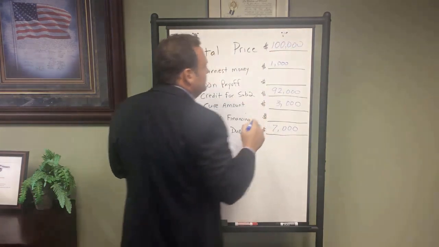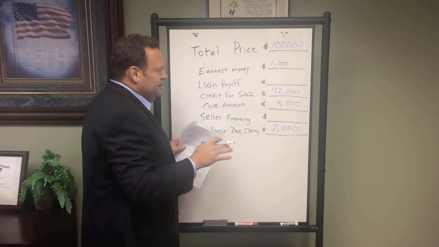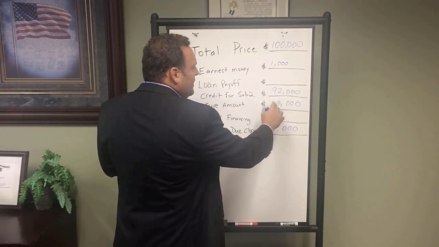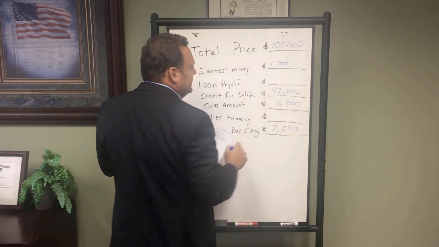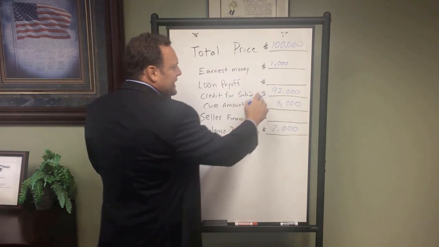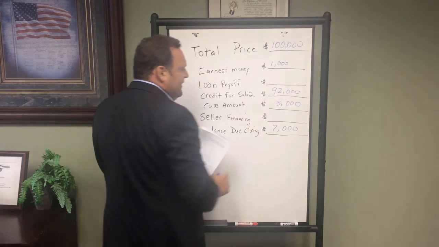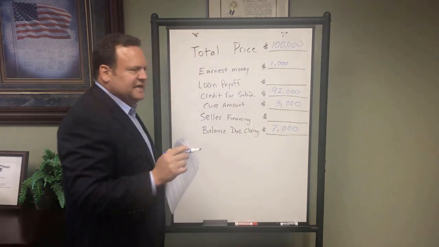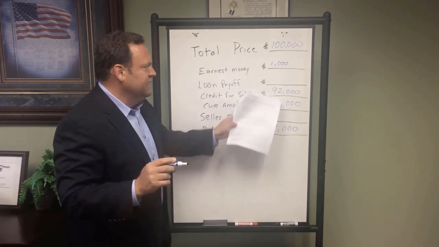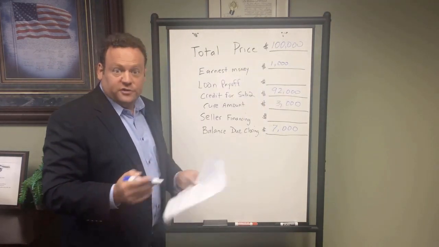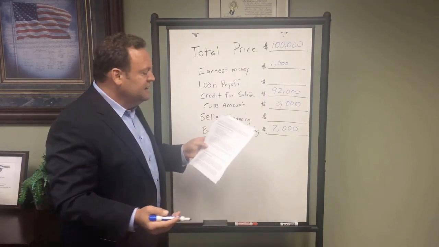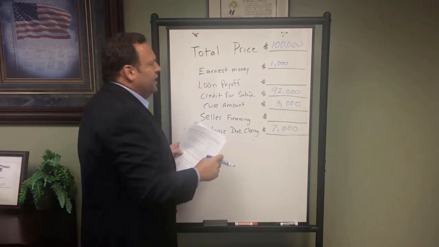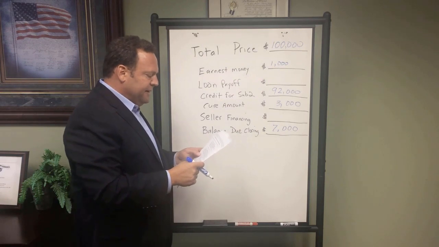So just do it backwards, because you're giving a total of 5 to the seller: $1,000 earnest money plus the 4 at closing, the $3,000 to cure it, and subject to $92,000. So the 92 plus 3 is 95, plus the $5,000 to the seller, but you're coming to closing actually with $7,000 because of the 3, and then you gave $1,000 as earnest money. So I hope that makes sense. And this is your basis in the property, what you paid for it, $100,000 for the property.